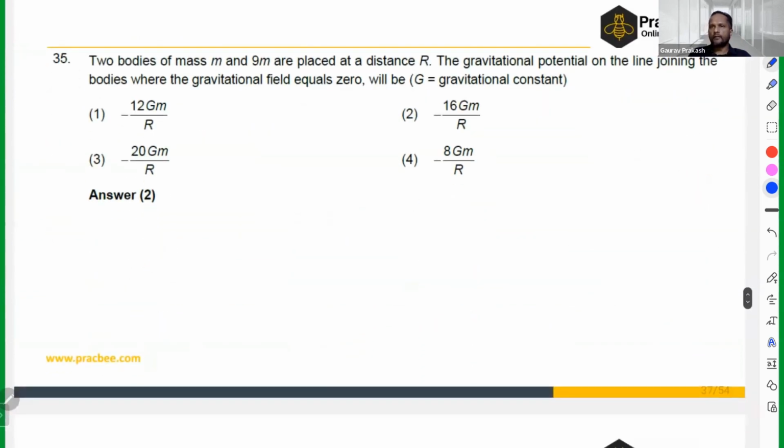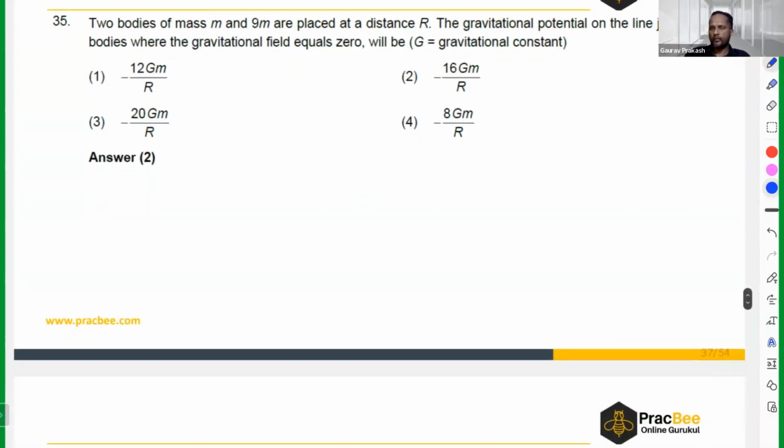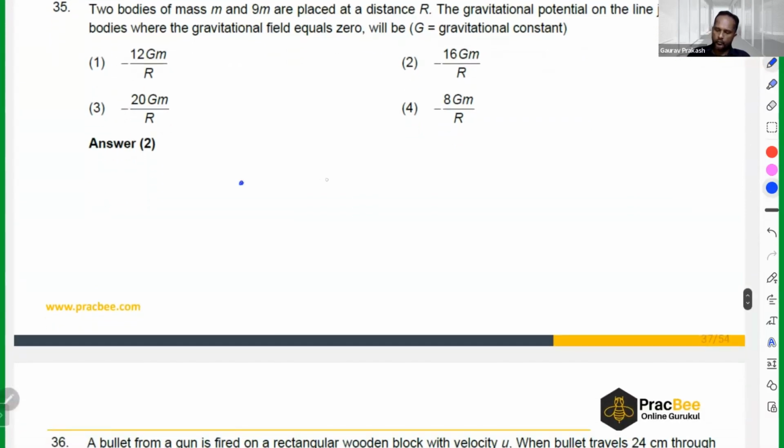35. Two bodies of mass m and 9m are placed at a distance r. The gravitational potential on the line joining the body where the gravitational field equals 0. So if I take 2 points, m and 9m, and the distance between them is r. So if I take a point where the gravitational field is 0 to be x, this distance will be r minus x.